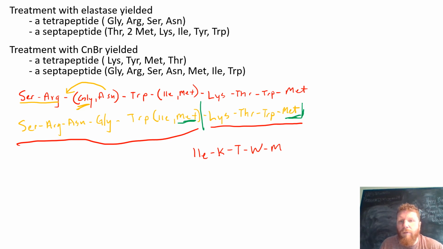We already know that sequence. And we get a septapeptide, which is glycine, arginine, serine, asparagine, methionine, isoleucine, and tryptophan. And the only way that we can get that is if we have a polypeptide sequence that is isoleucine followed by methionine followed by lysine. So then we have our cyanogen bromide treatment right there.